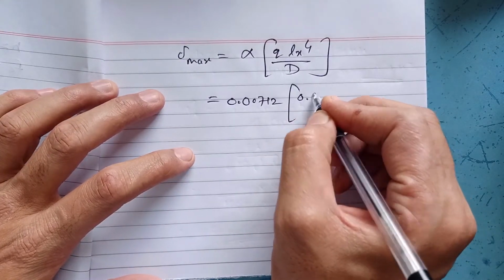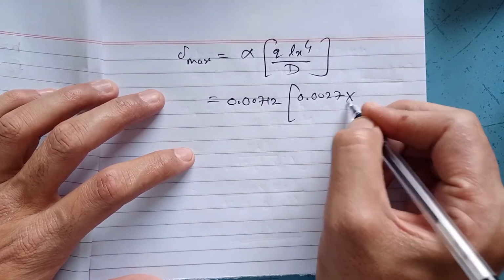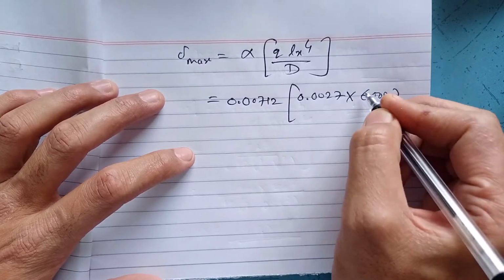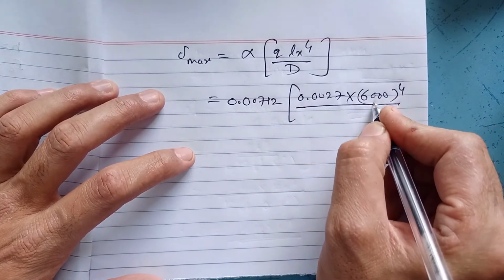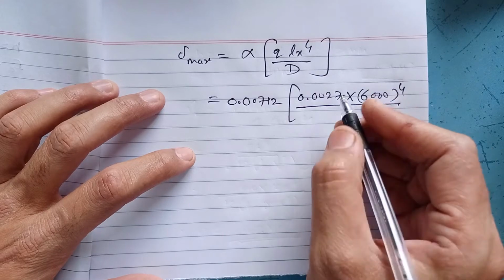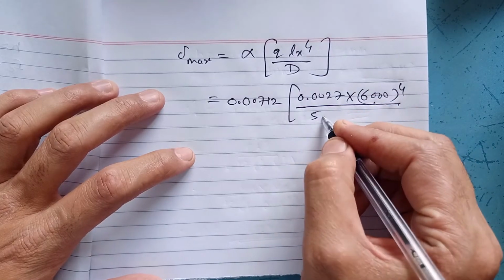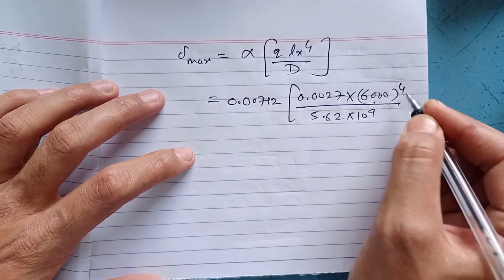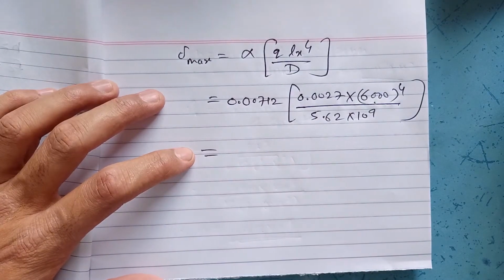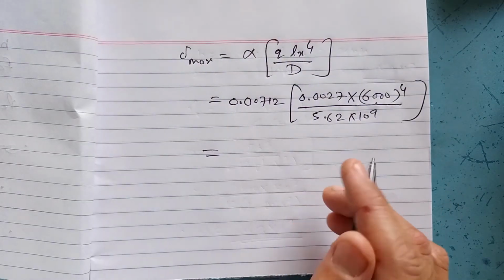Q is nothing but 0.0027 into Lx, which is 6,000 raised to 4. This is the length in x direction, 6,000 mm, and D is nothing but 5.62 into 10 raised to 9. We have converted all the units.